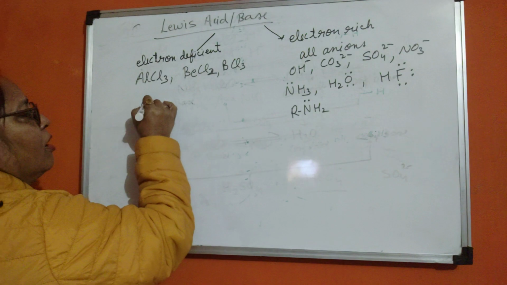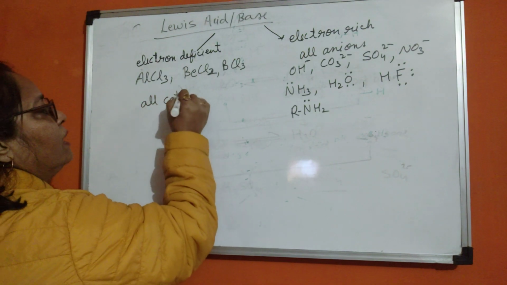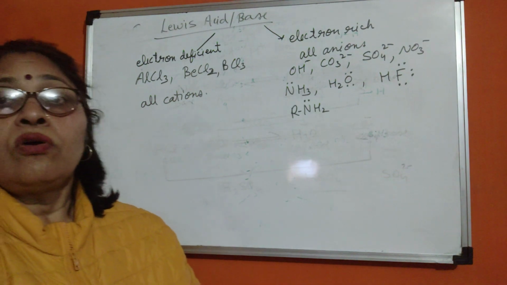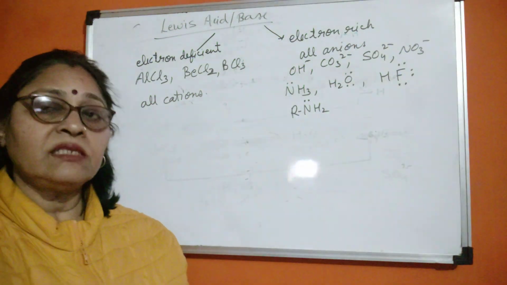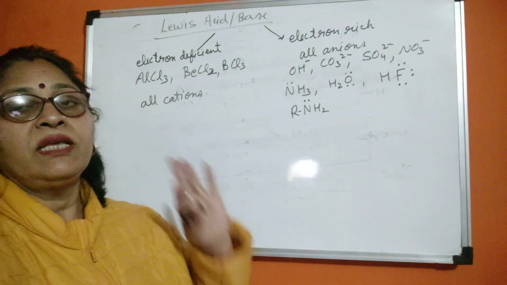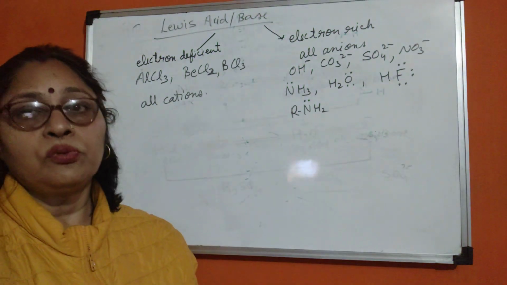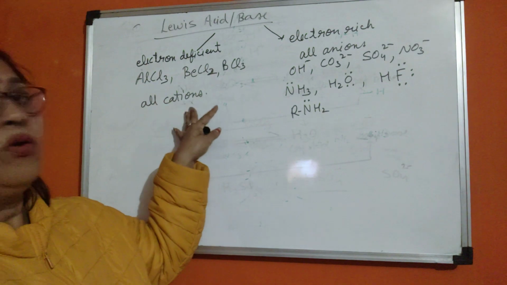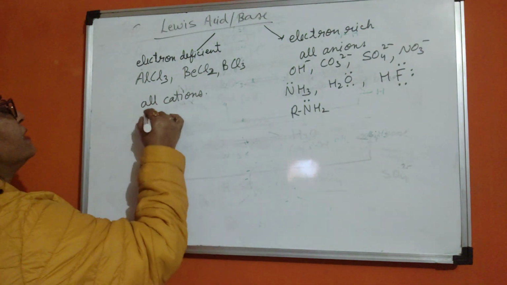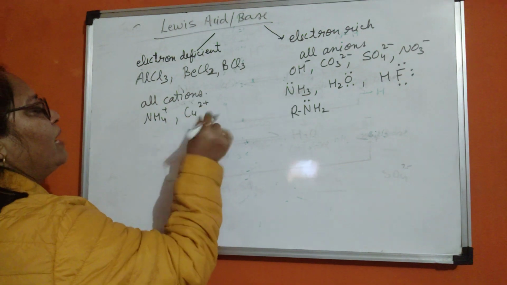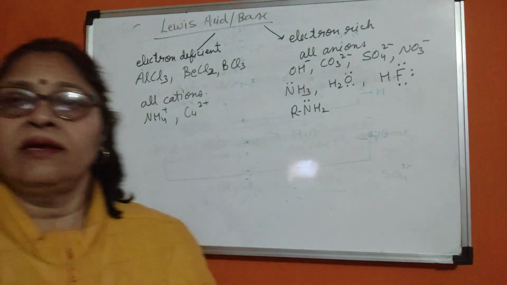Then all cations are also electron deficient species because they possess positive charge, meaning they require more electrons to become neutral. So all cations are also examples, say for example NH4 positive, Cu2 plus, or any metallic ions we can take here.